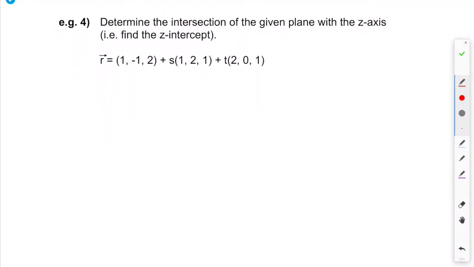Here's example 4. Determine the intersection of the given plane with the z-axis. In other words, we are looking for the z-intercept, okay?